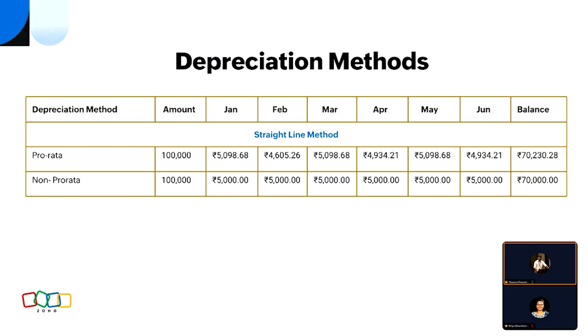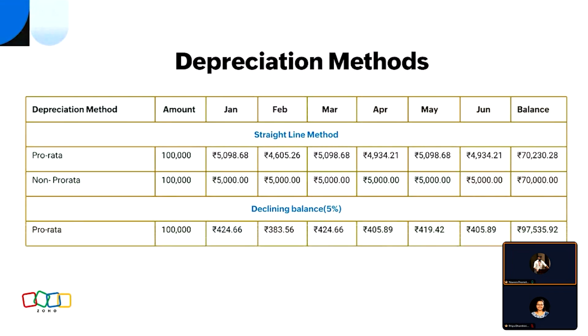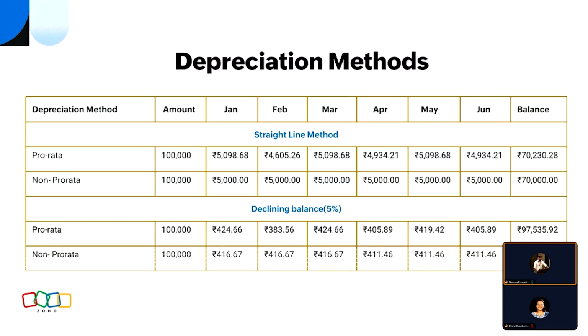In terms of declining balance with 5% depreciation, the pro rata will arrive at a value of 97,535.92. In the other case, the non pro rata will have 97,515.61. I hope this particular table gives you a clear understanding of how the entire four types of computation, along with the different depreciation methods, can be handled in Zoho Books.